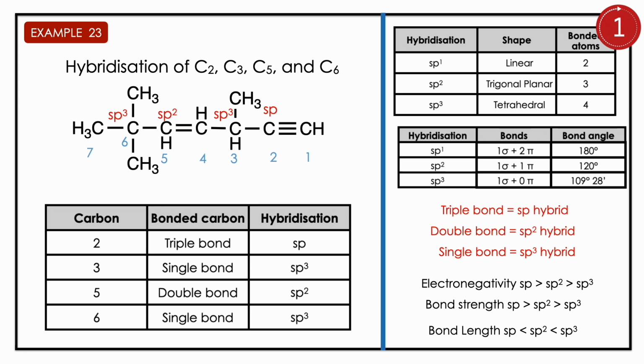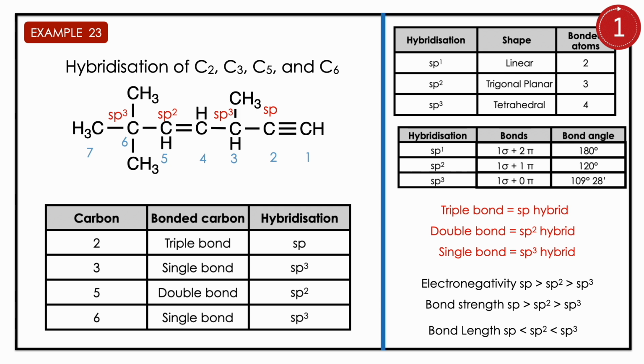C2 is connected with a triple bond, so sp hybridization. C3 with single bonds, so sp3 hybridization. C5 with a double bond, so sp2 hybridization. C6 with single bonds, so sp3 hybridization.